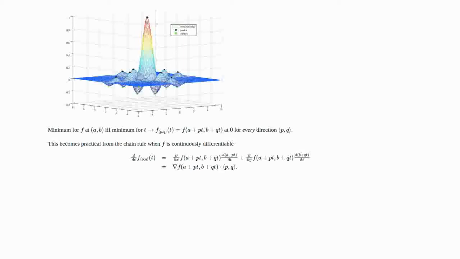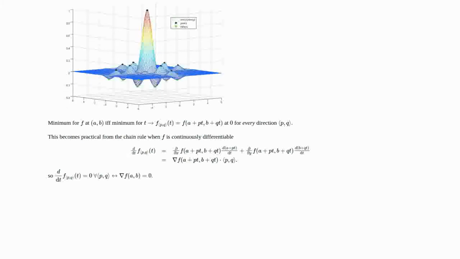And that simply then becomes the gradient of f at (a + pt, b + qt) times the unit direction vector (p,q). And so we would need a critical point for all directions at 0 for it to possibly be a maximum or a minimum.